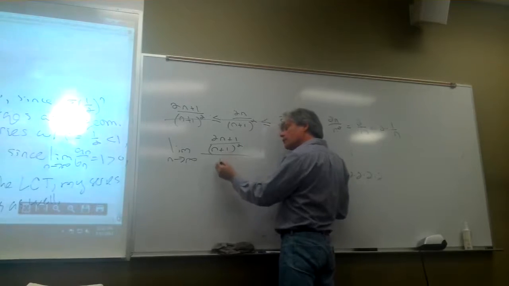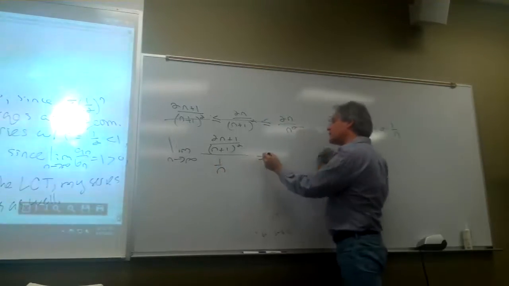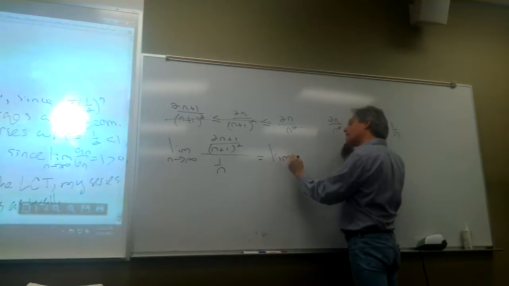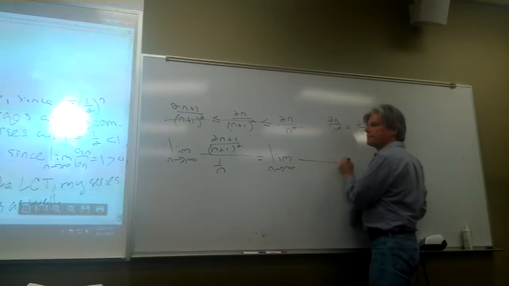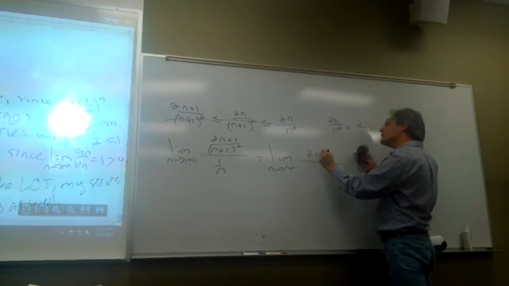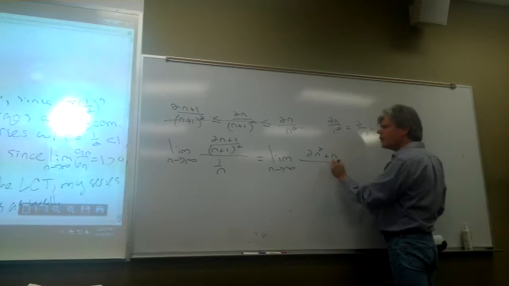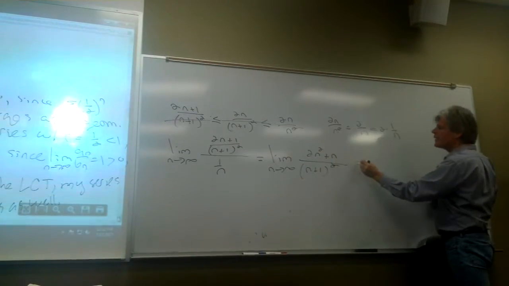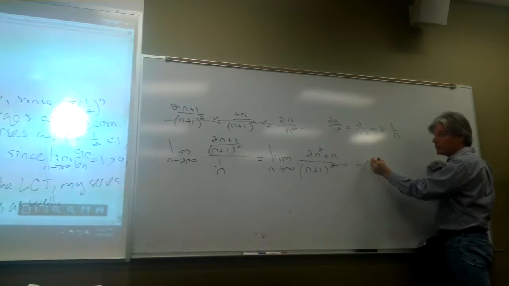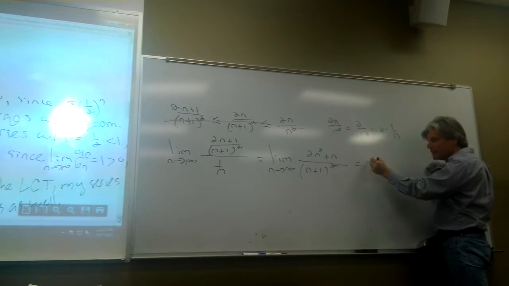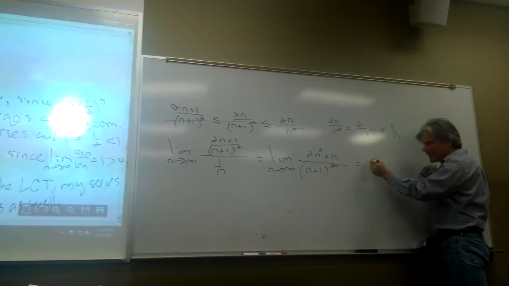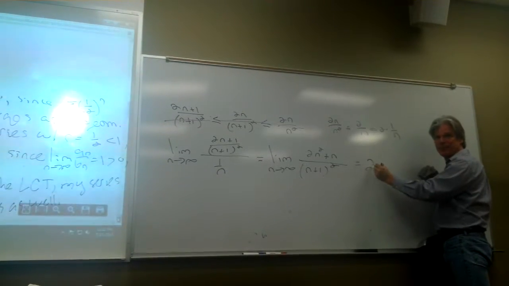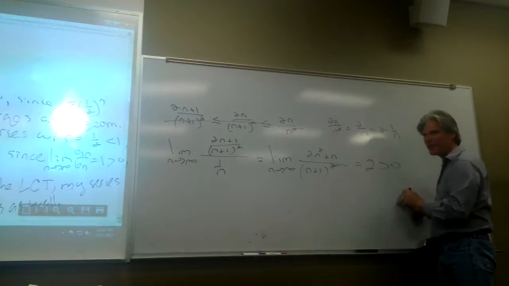So a limit compared to 1 over n, but that's just simply going to give you this particular limit: 2n squared plus n all over n plus 1 squared, which, off the top of our heads, evaluates immediately to 2, which is strictly positive.